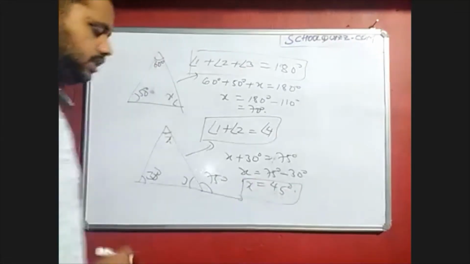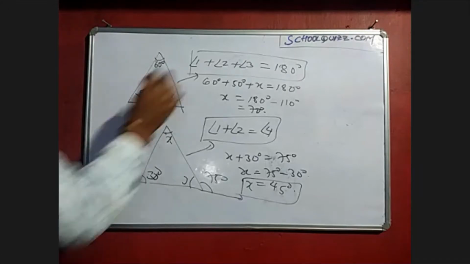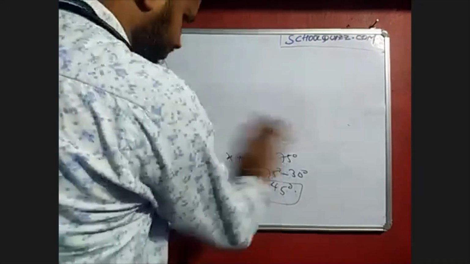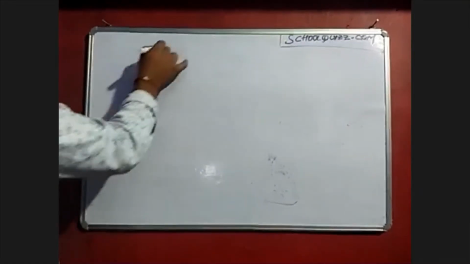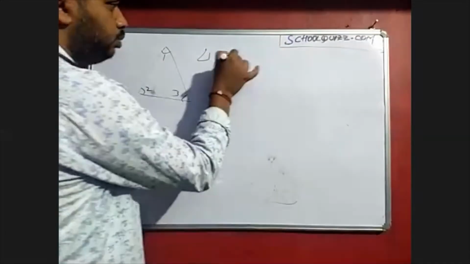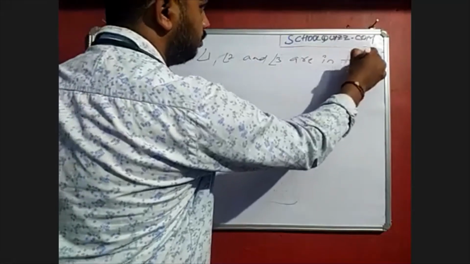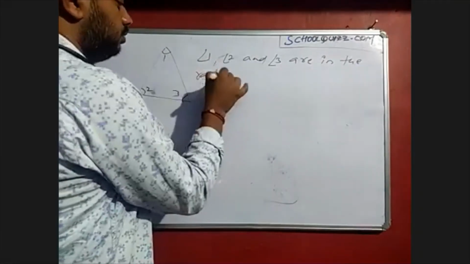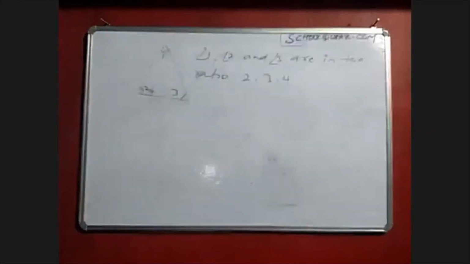Okay, so this type of thing is there, and one more question they can form here. Suppose angle 1, angle 2, and angle 3 are in the ratio 2 is to 3 is to 4, that will be 7, 8, 9.